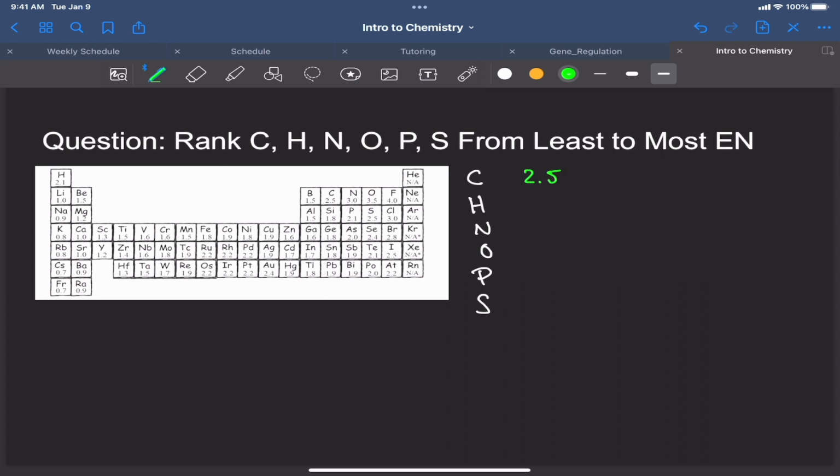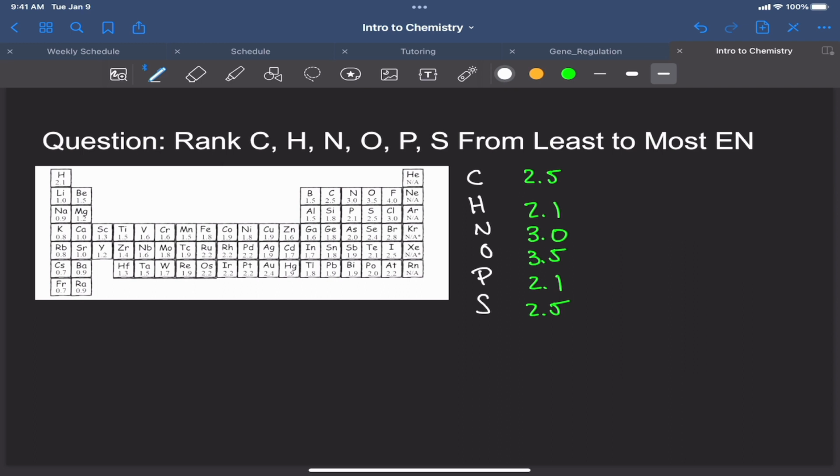Hydrogen has an electronegativity value of 2.1. Nitrogen has a value of 3.0. Oxygen has a value of 3.5. Phosphorus has a value of 2.1. And sulfur has a value of 2.5.